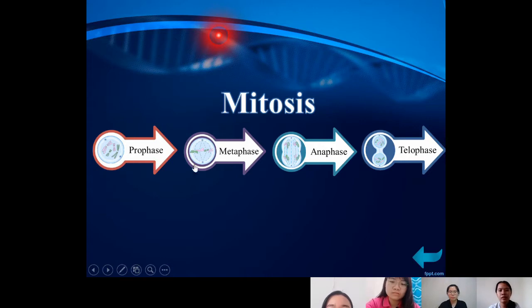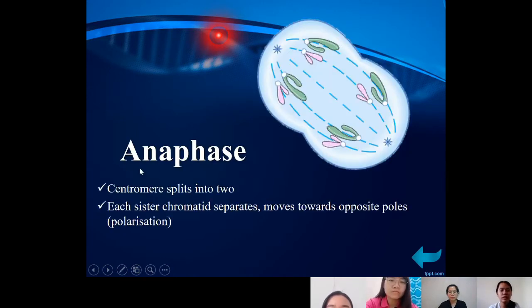After metaphase, the cell undergoes anaphase, where the sister chromatids will split, or the chromosome will split into 2. The centromere will split into 2. So each sister chromatid will separate and move to the opposite pole.